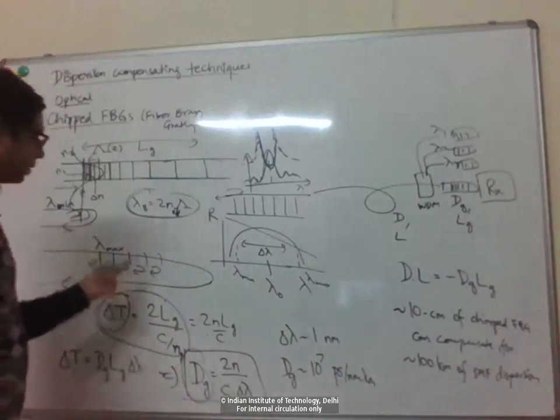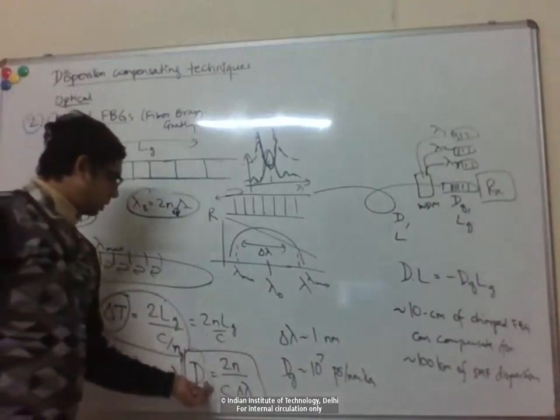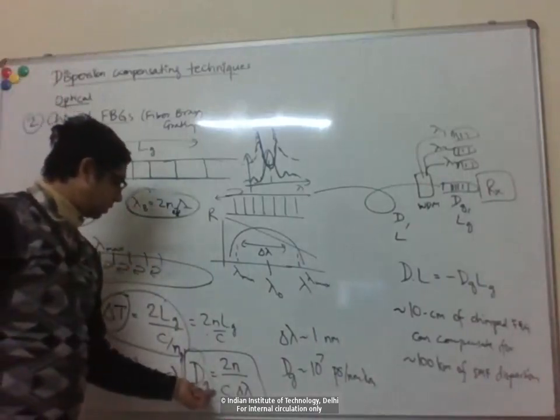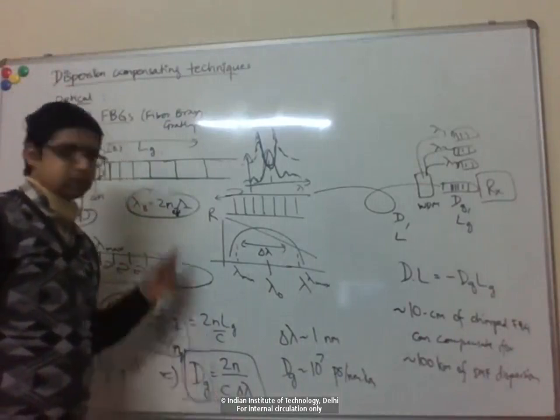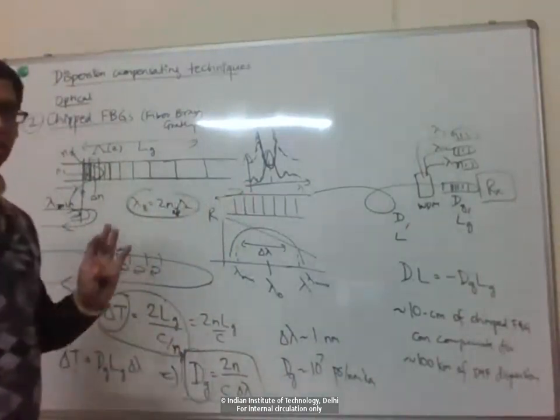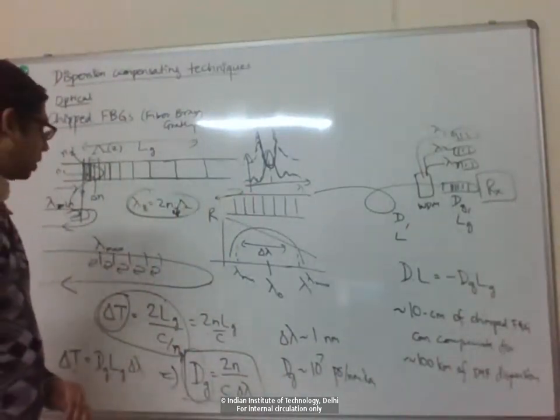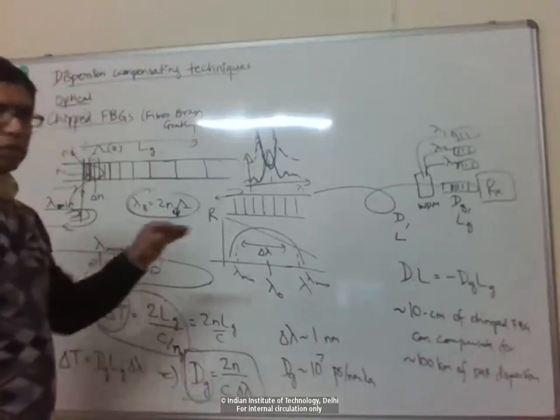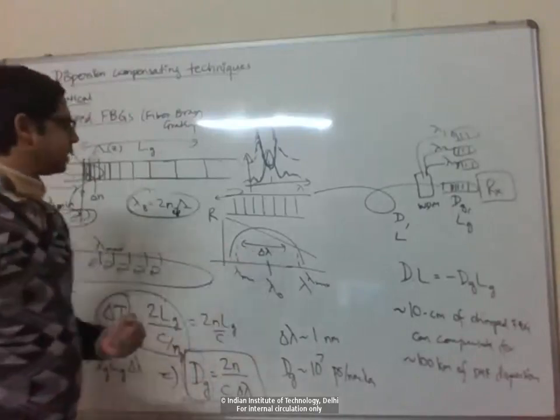For the chirped ones, the point is that only the second order dispersion dominates, and the higher order dispersion terms are all very small and can be neglected. It is also constant over this wavelength range.